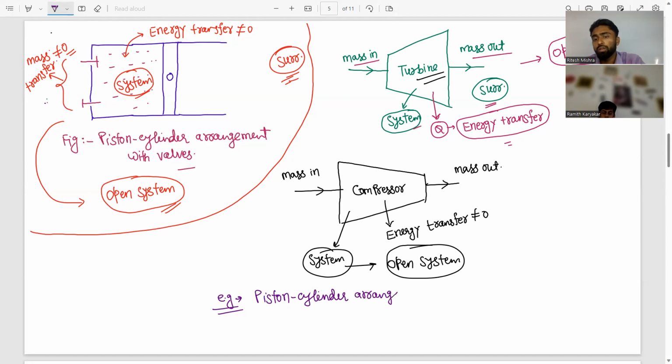You have to say with valves. When there is no valve, that system is a closed system. But when a valve is present in the piston cylinder arrangement, then that system is an open system.